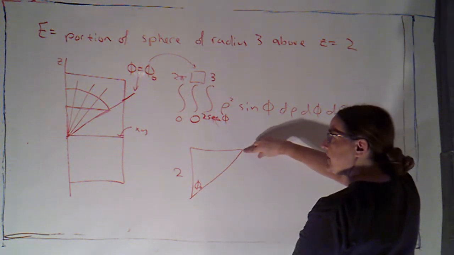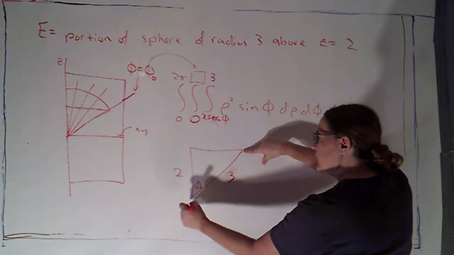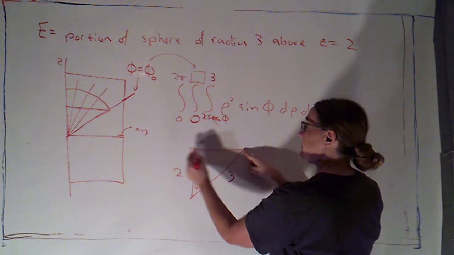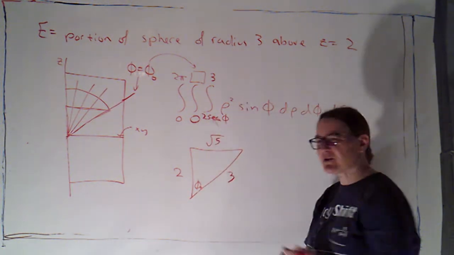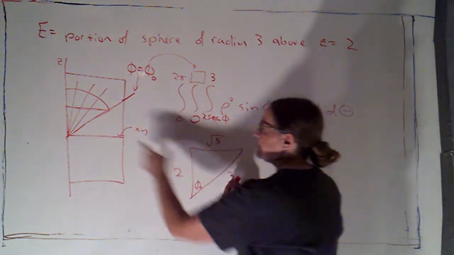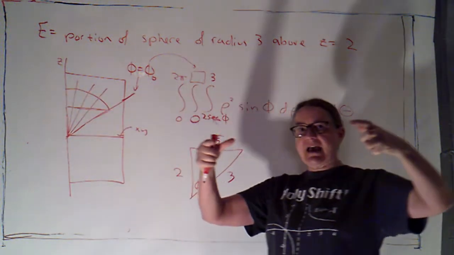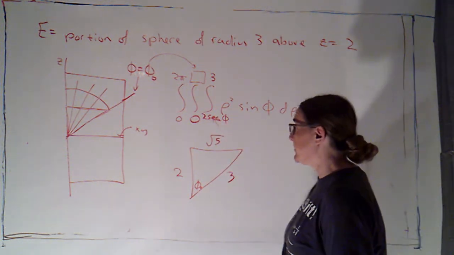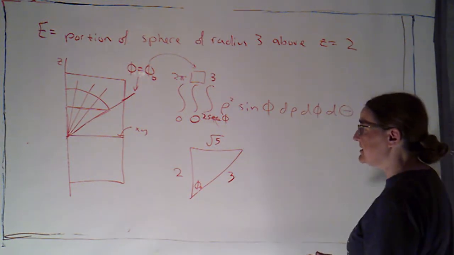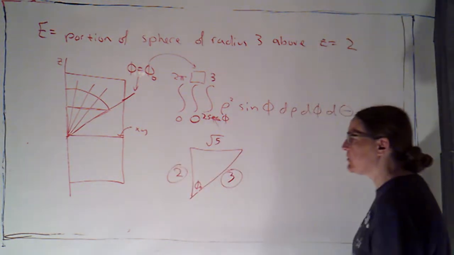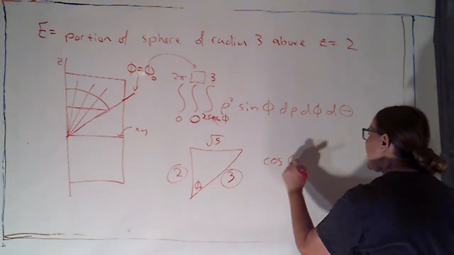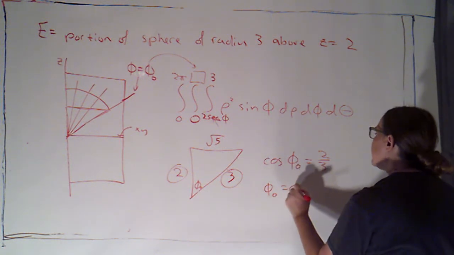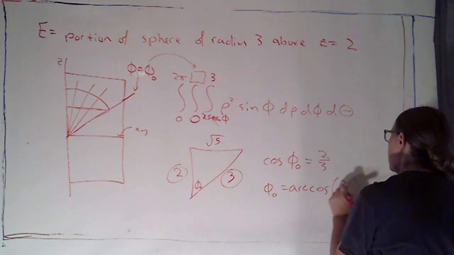Well, if this point is on the sphere, then I know that this is a radius of the sphere, so that it's 3. Alternatively, I could use the work that I did previously to say I know that side is root 5, because this is just a radius of that disk that we have where the plane z equals 2 meets that sphere. So I can work with any combination of these sides. I kind of like this one and this one. So I'm just going to say, okay, so cosine of phi naught would equal 2/3. Phi naught would be inverse cosine of 2/3.